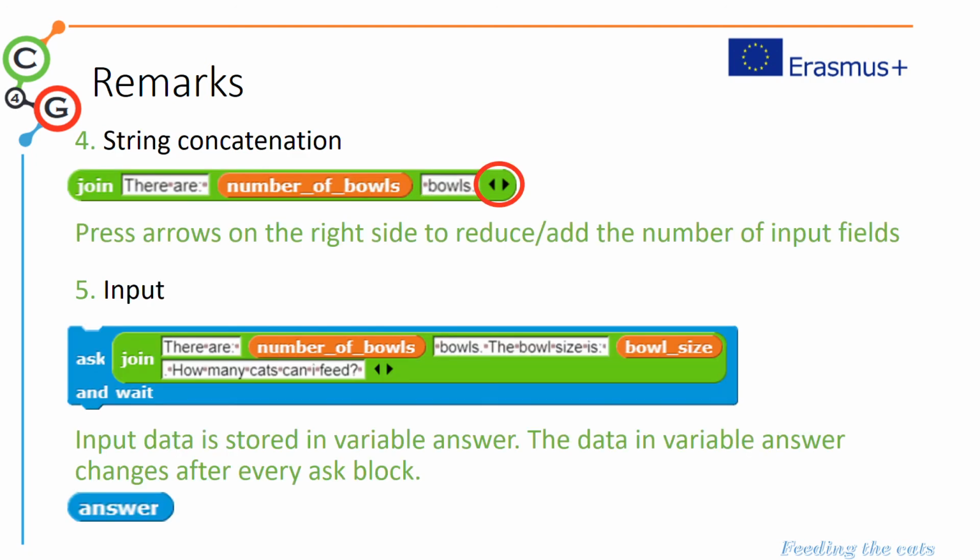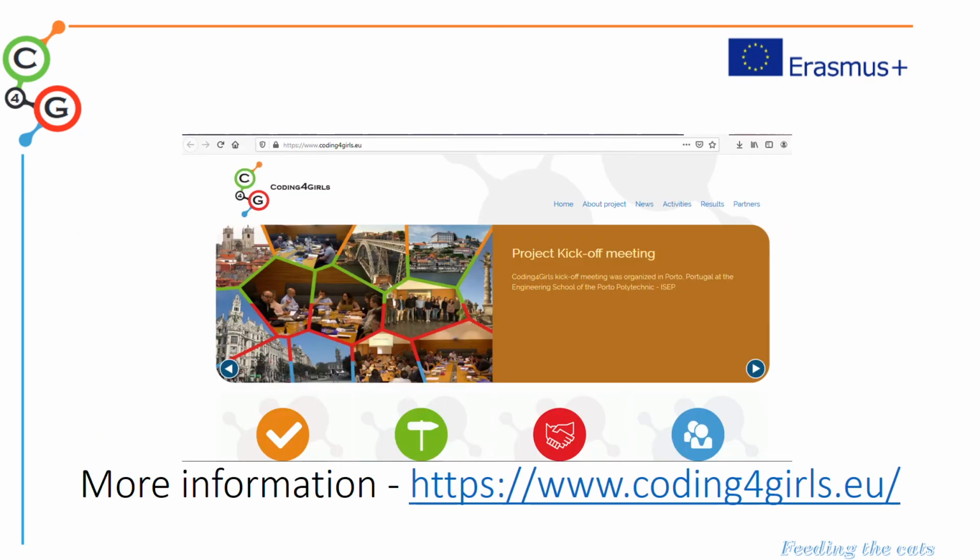To reduce or expand the number of input fields to join into a string, we can press the black arrows. When asking a question, the input is stored in the variable answer that changes every time a new question is asked. In order to use the answer later in the program, you can store it in another variable. For more information, visit the project website.